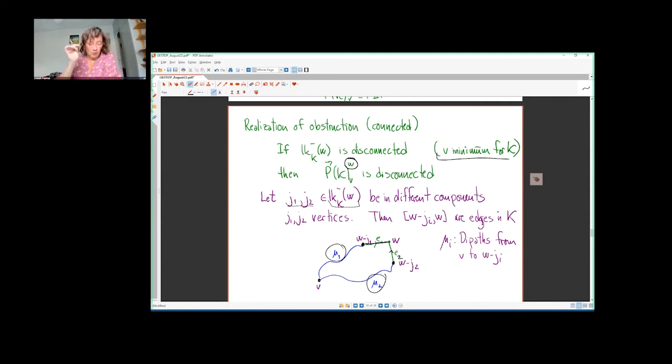So now I'm sure you realize what I'm trying to do. I claim that these mu1 and mu2 are in different connected components of this thing. And how do you realize that? The way you do it is, suppose they're not. Then there is a path from this path to this path in this path space, which said in another way is a directed homotopy.